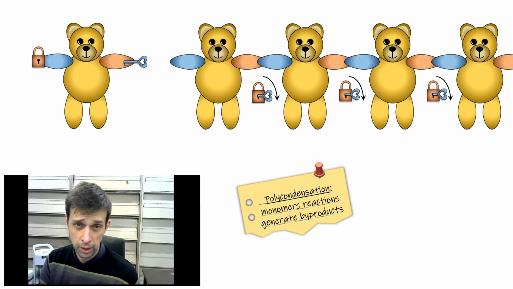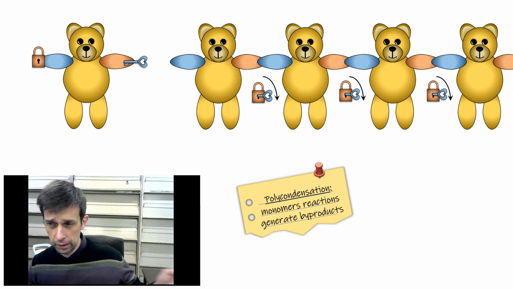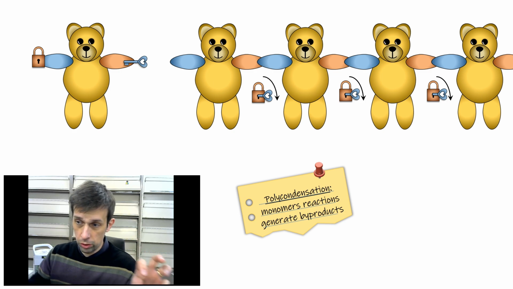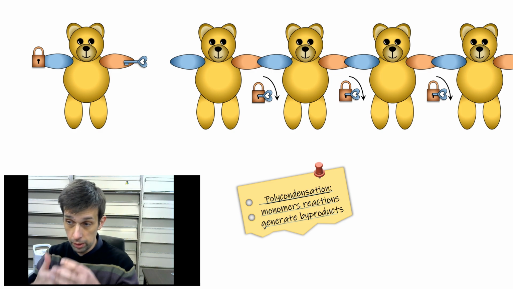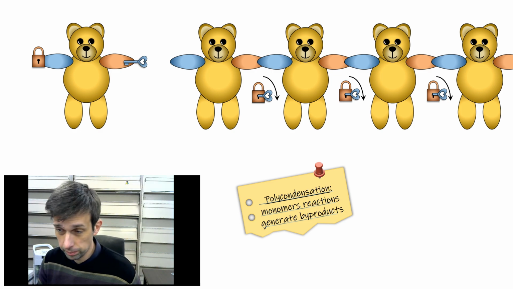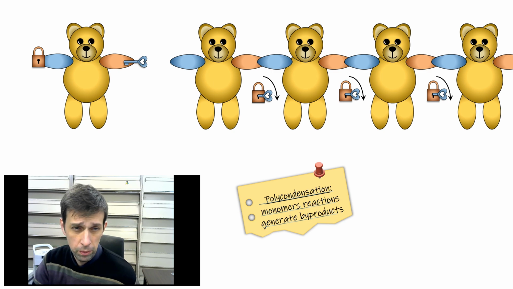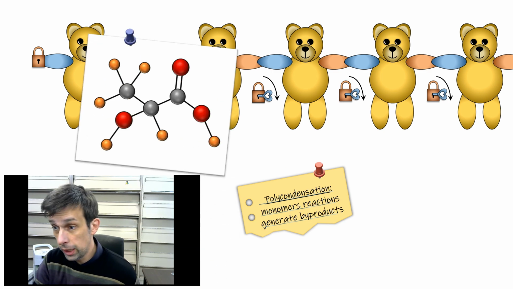For example, if one arm of the teddy bear has an OH and the other arm has an H, that H can connect to the OH of the next teddy bear and form a water molecule that is released as a byproduct, okay? Examples of these are a little bit more complicated, as I said.